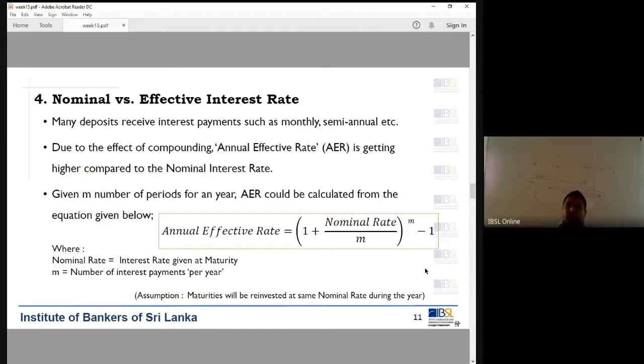Due to compounding, the AER is going to be higher than the nominal interest rate you get for a smaller time period.